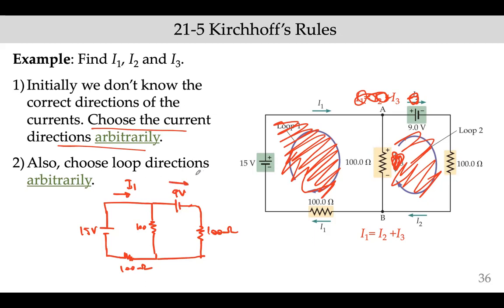Here we chose I2 in this direction, and here we chose the down direction and called it I3. For the loops, we chose them clockwise, but again, you can choose counterclockwise loops. You can choose the directions of the currents initially in different directions. It doesn't matter. The final values will always be correct.